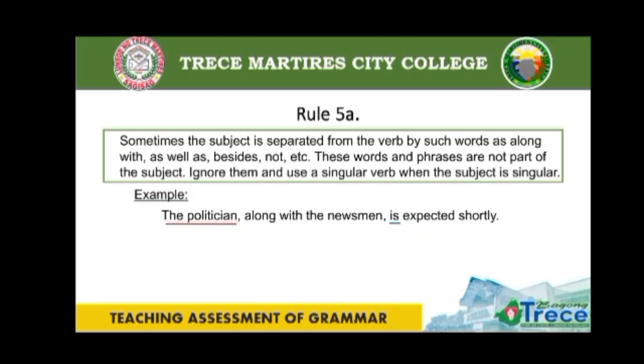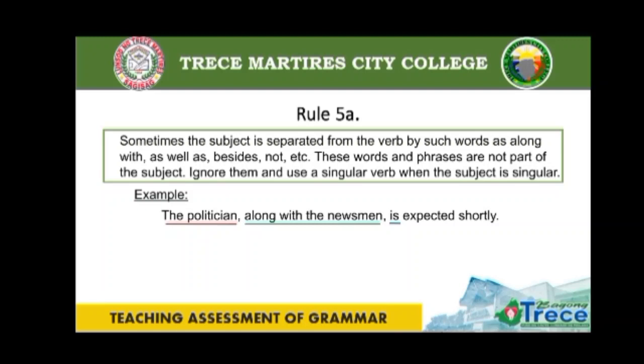So, as the rule says, the subject and the verb are separated by a phrase or words that start with along with, as well as, beside, not, etc. So it was separated by "along with the newsman."